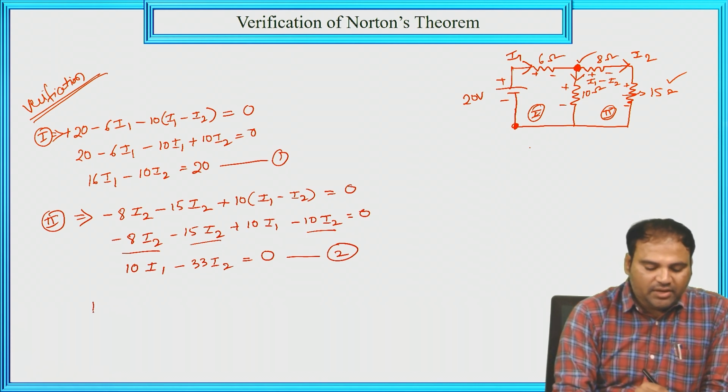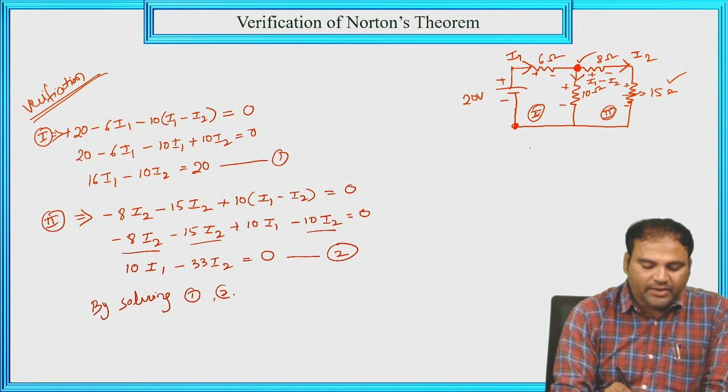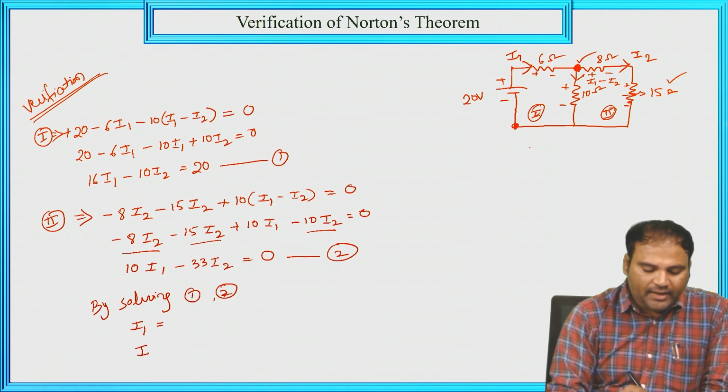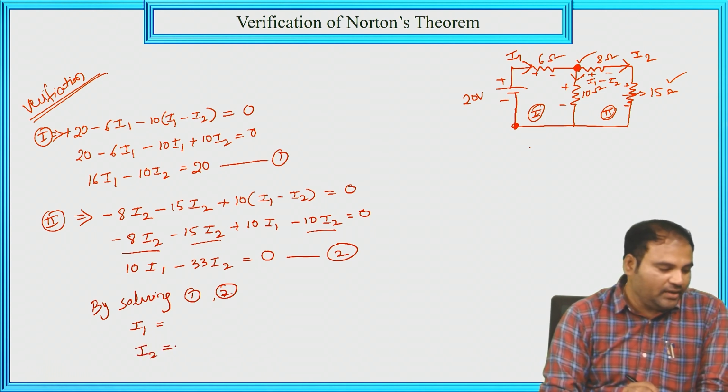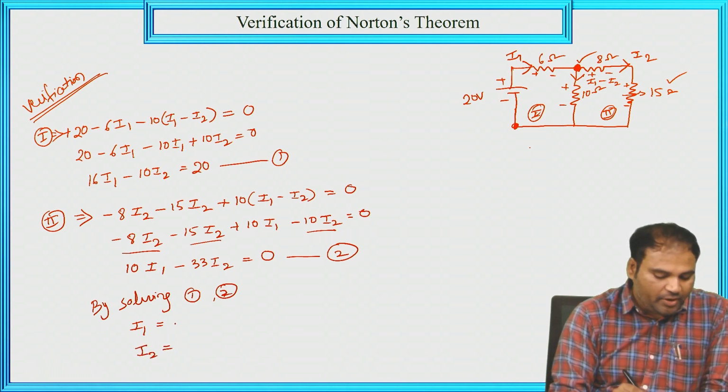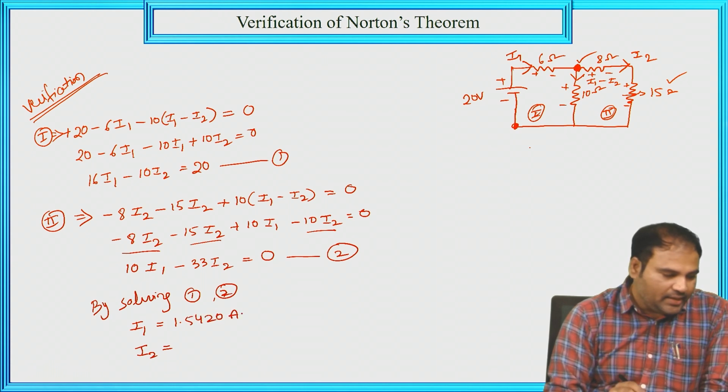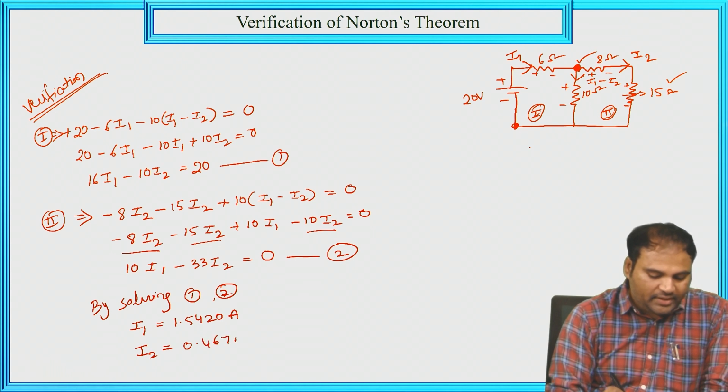By solving equation 1 and 2, we get the I1 value and I2 value. Here the I1 value is 1.5420 amperes and the I2 value is 0.467 amperes.